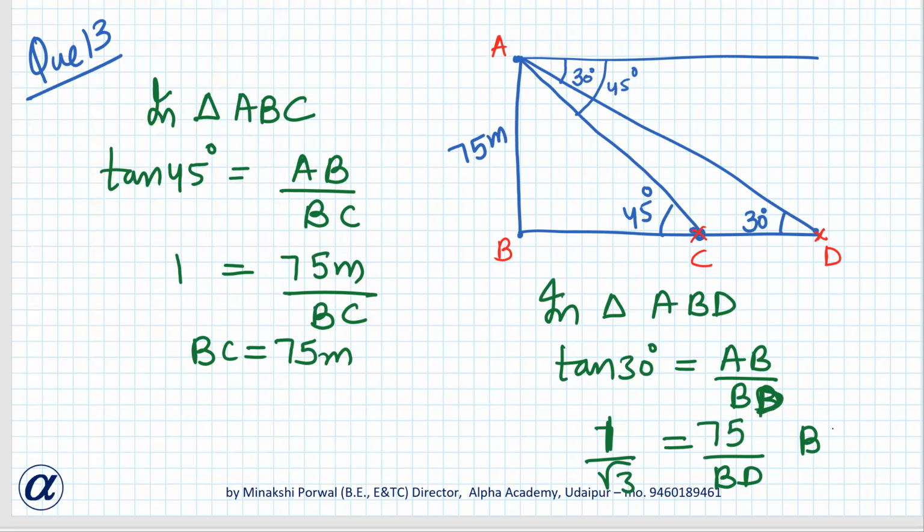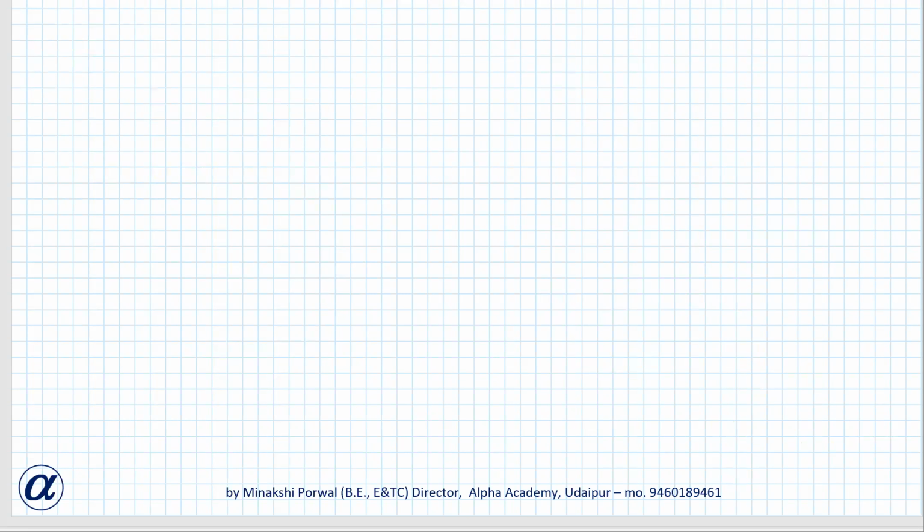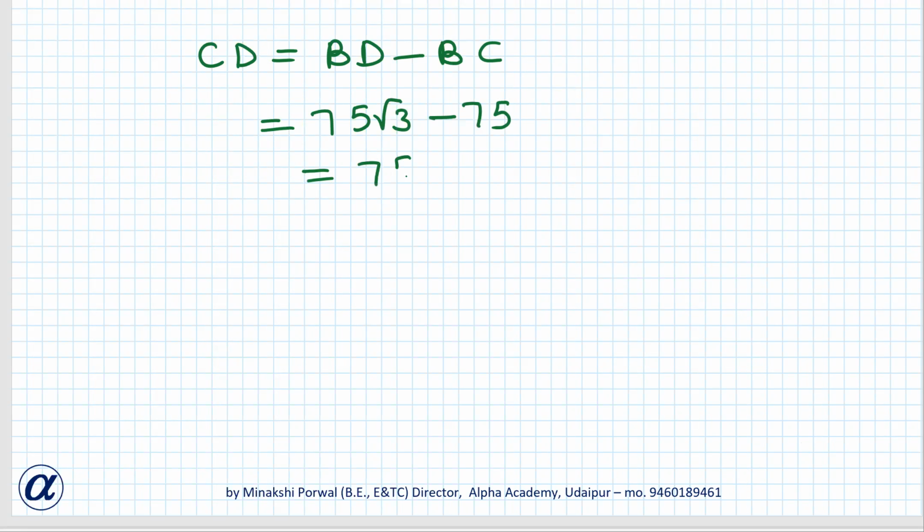So BD will be equal to 75 root 3. Now we have to find CD. CD is BD minus BC. BD is 75 root 3 and BC is 75. So it is 75 into (root 3 minus 1). This is the answer. Meters also we have to write.